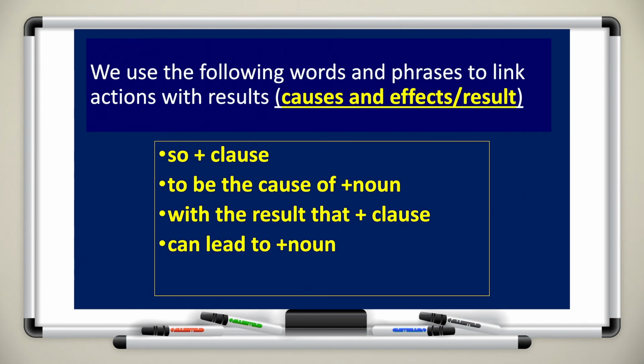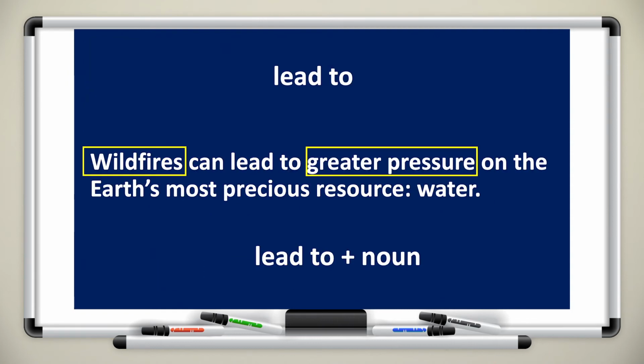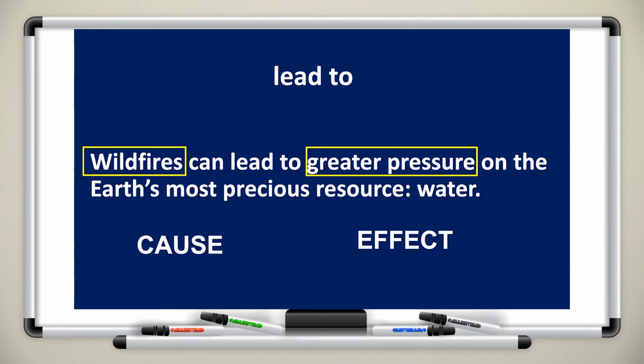Here we'll be using lead to, and when you decide to use lead to, always follow it by a noun. So for example, wildfires, this is the cause, can lead to. Lead to what? Greater pressure. This is the noun that we use, and this is the effect.